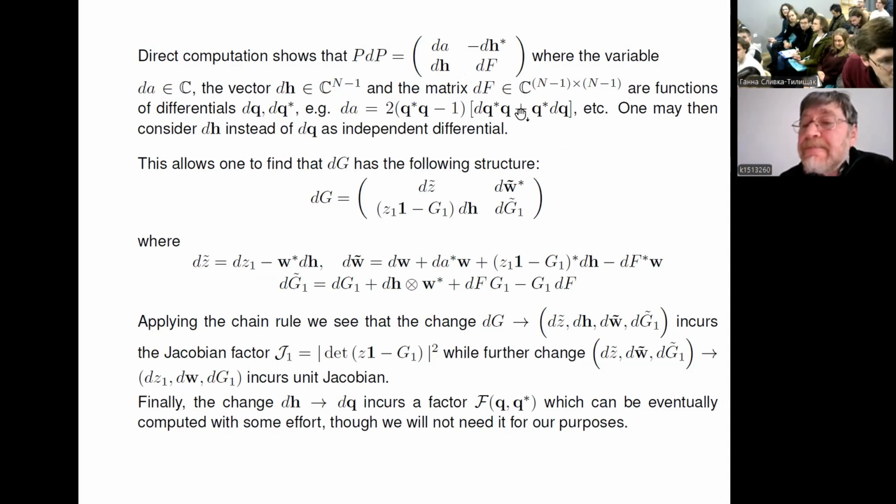I'm sorry, I have a question. What does the bracket mean? Which one, this one? Yeah. It's just the usual bracket, nothing specific. It's not a commutator or something, just notation, and it's the same in the previous slide.